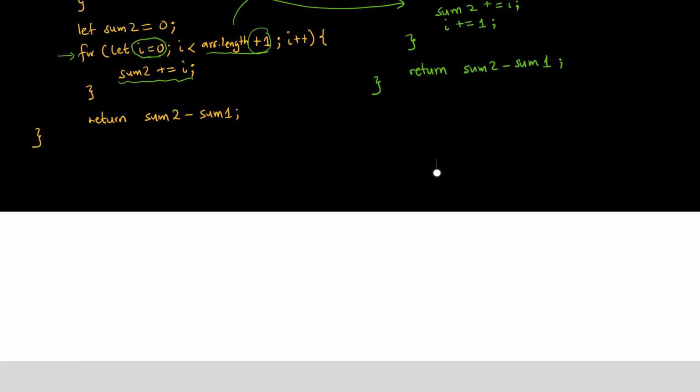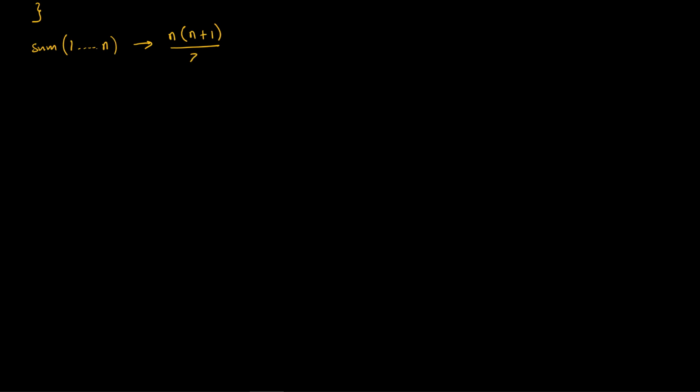The second way is there is a rule called the sum rule. There are many summation rules, but one of the summation rules says that if you have numbers from 1 up to n and you want to sum them, the sum will be equal to n times n plus 1 over 2.